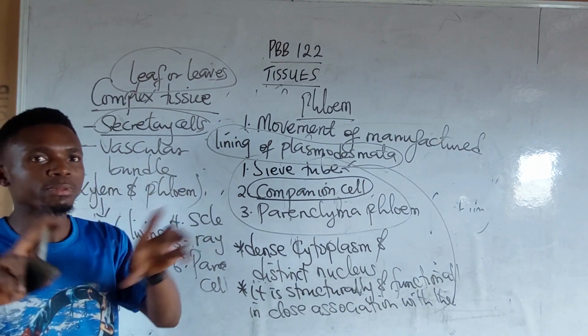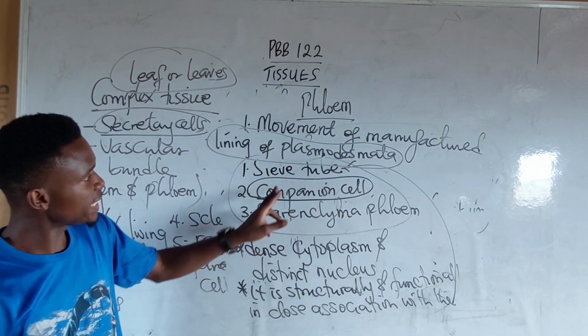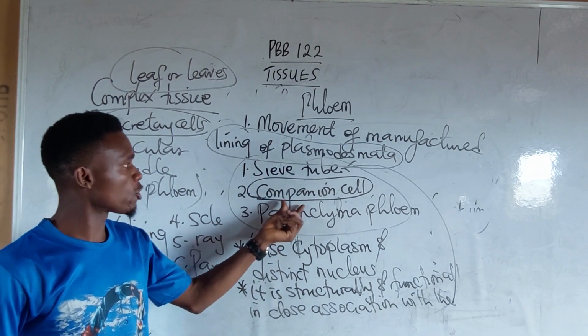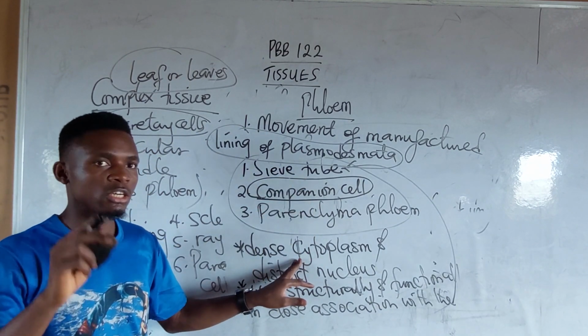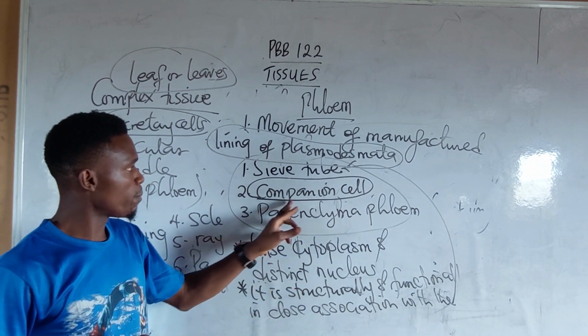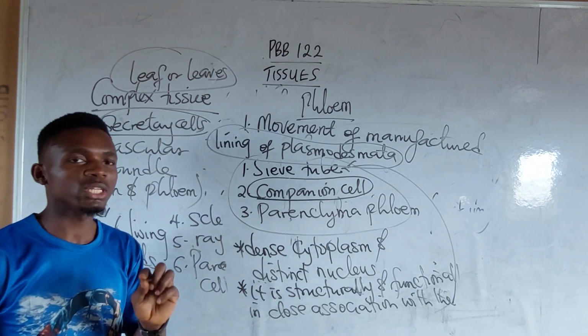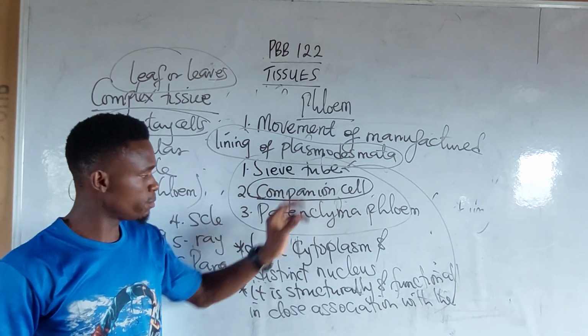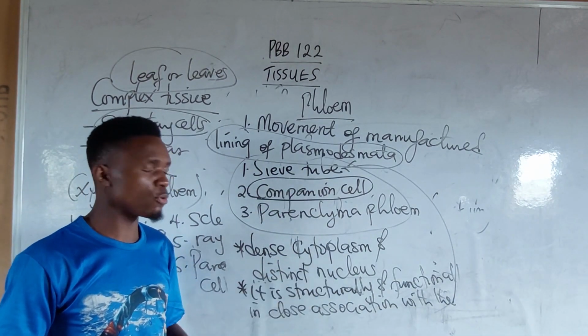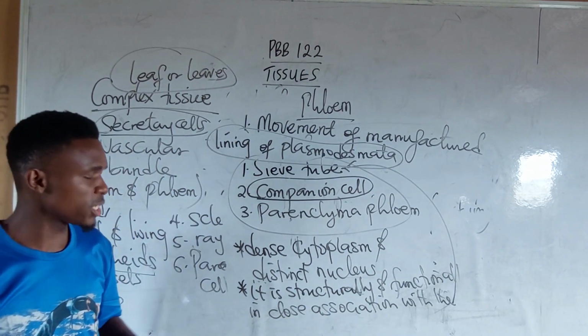They are the cytoplasmic strands that join the sieve tube to the companion cell. Conclusively, companion cells are structurally and functionally in close association with the sieve tube. It has dense cytoplasm and a distinct nucleus.